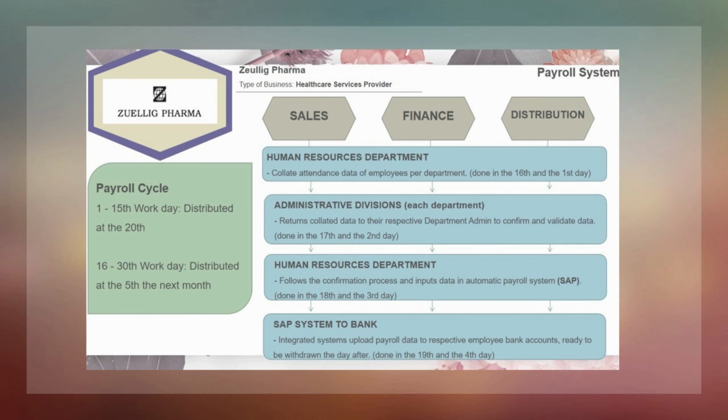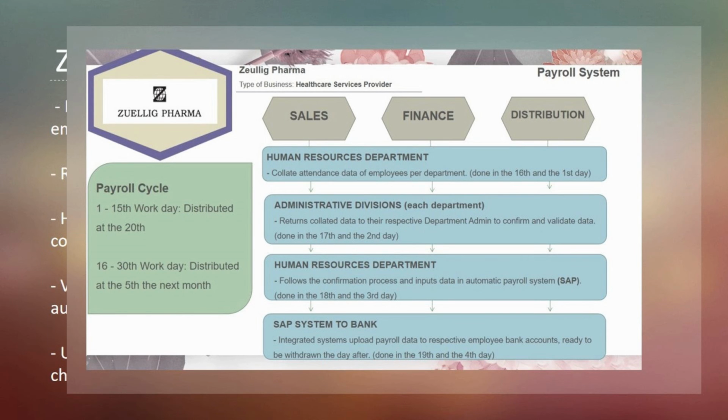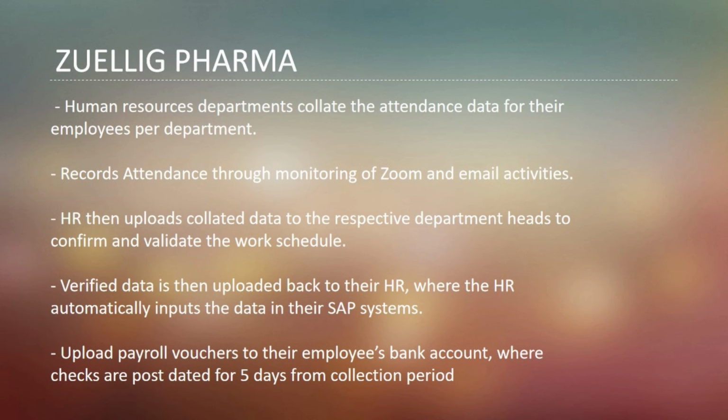Their payroll cycle for office-based employees has payment distribution every 20 days, with checkouts for funds every 5 days after the 15th and the 30th of their bi-monthly productivity. Their process is simplified for the payroll cycle. Human resources departments collate the attendance data for their employees per department. Before the pandemic, these departments utilized automated systems such as swipe cards for time ins and outs.